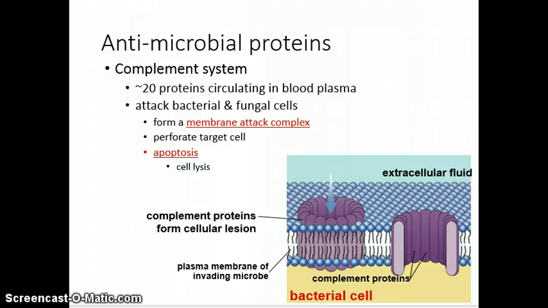So the complement system functions both in inflammation, which would be the second line of defense. It's also used in the acquired immune response, so also in that third line of defense. The complement system is one system that actually works in both the innate and acquired immune systems.